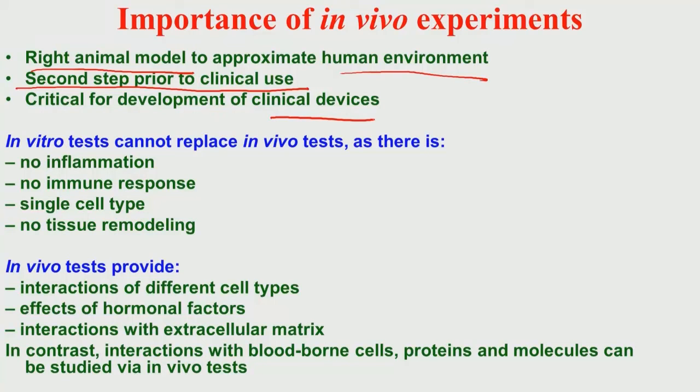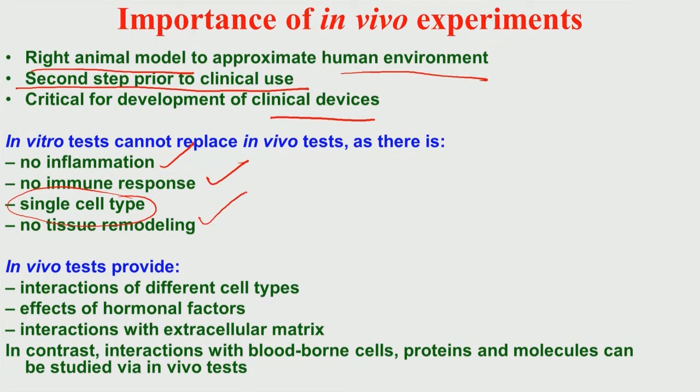In vitro tests cannot replace in vivo tests simply because in vitro you cannot simulate the inflammation process and immune response, and mostly in vitro tests are single cell type. As I said, unless you do co-culture you cannot grow two different types of cells in a single in vitro experiment on a material.